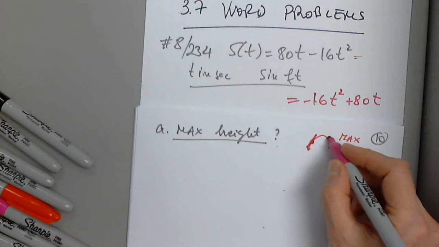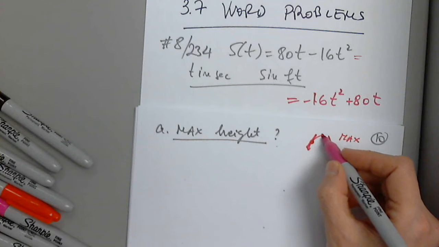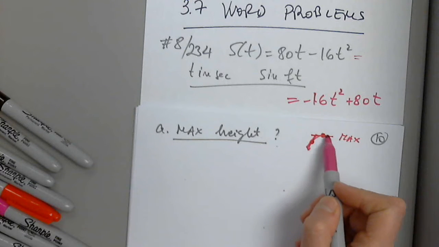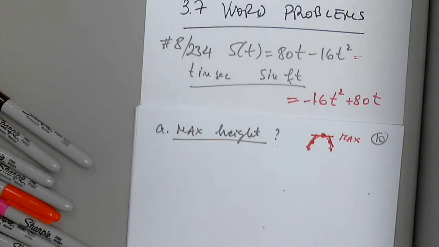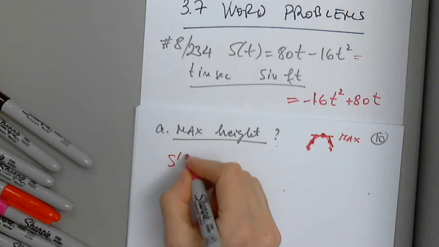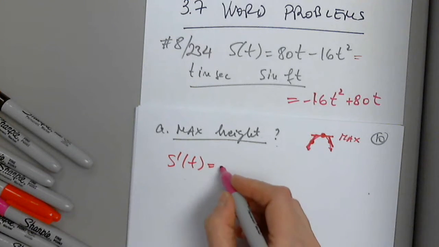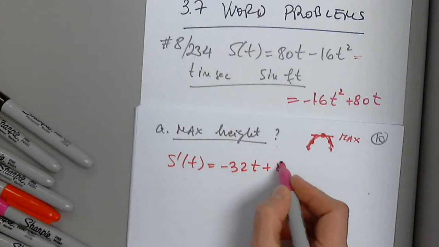What about here? Give me just the sign. But what about here where the function has a maximum? 0. So what do I have to find? And set it equal to 0, the derivative. So let's find s prime of t, which is negative 32t plus 80.